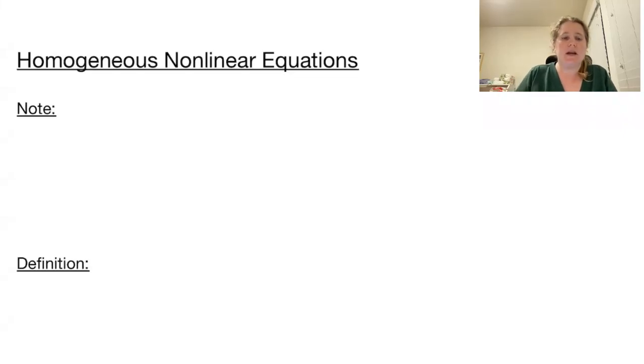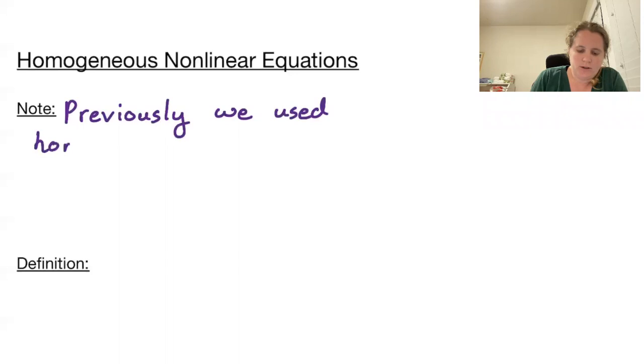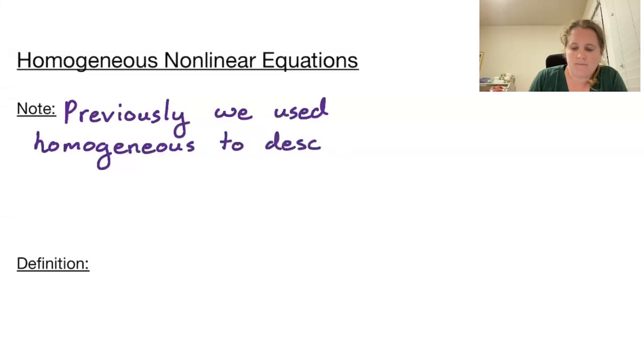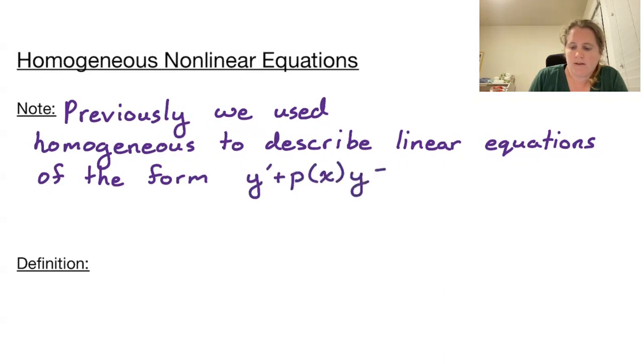to homogeneous nonlinear equations. So just a quick note, previously we used homogeneous to describe certain linear equations of the form y prime plus p of x y is equal to 0.